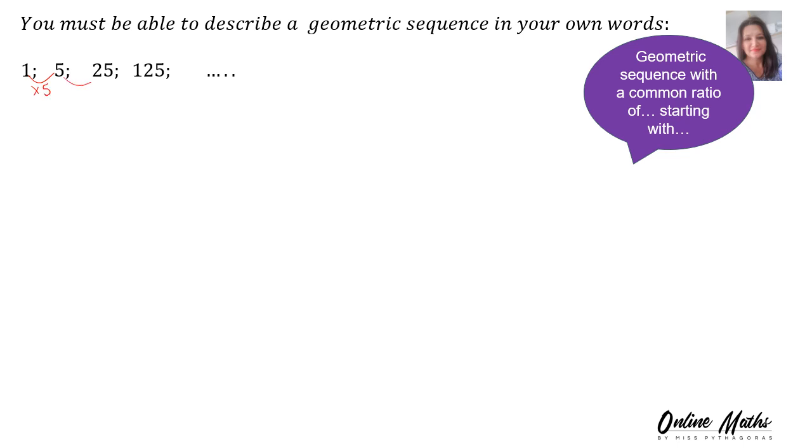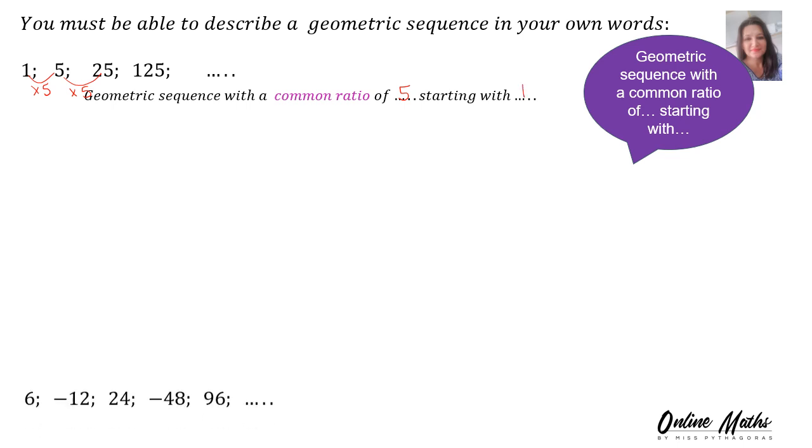From 5 to 25, you multiplied by 5. So in your own words, it is a geometric sequence with a common ratio of 5, starting with the number 1, the first term.